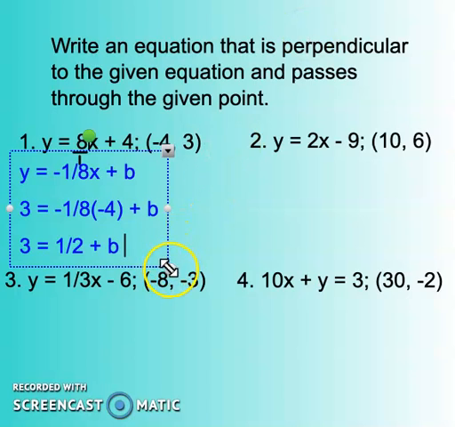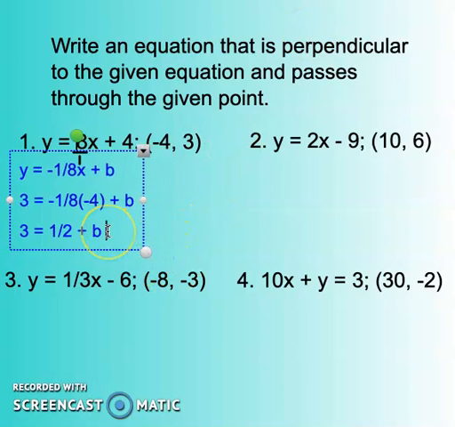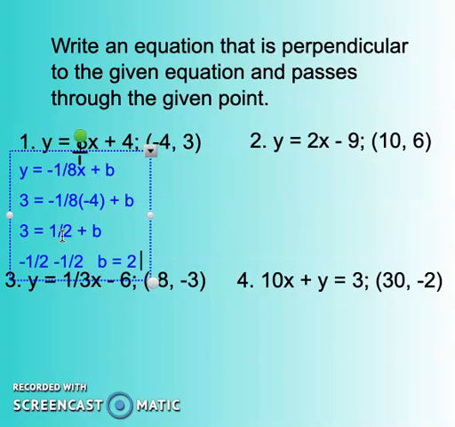Now in order to solve this, remember we're doing inverse operations. So instead of plus a half, I'm going to subtract a half. And so 3 minus a half would be 2 1/2, or we could write that as 5/2.